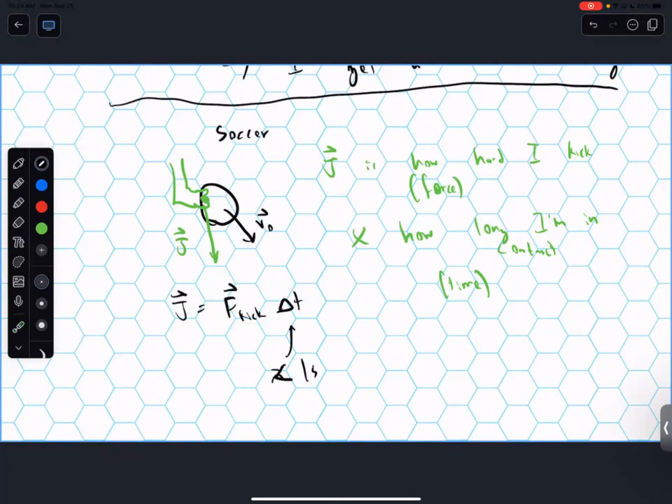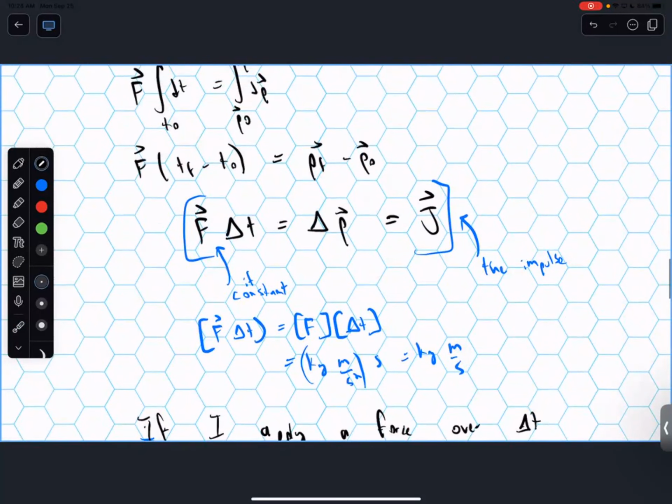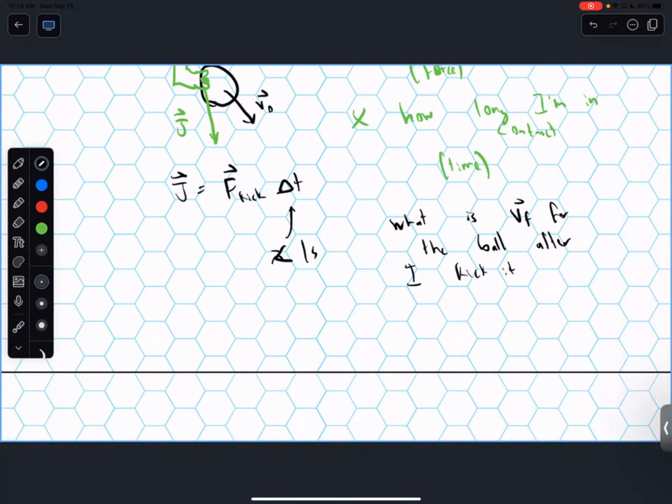Okay, so the question is, what is vf for the ball after I kick it? And for this, we're just going to use the bare bones definition up here that describes what impulse is in terms of change in momentum. Okay, so I'm going to write this out. So I'm going to write that J equals delta p.